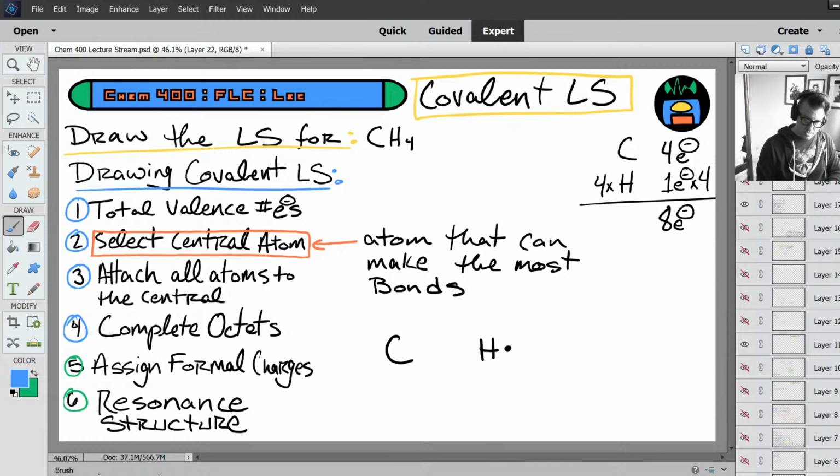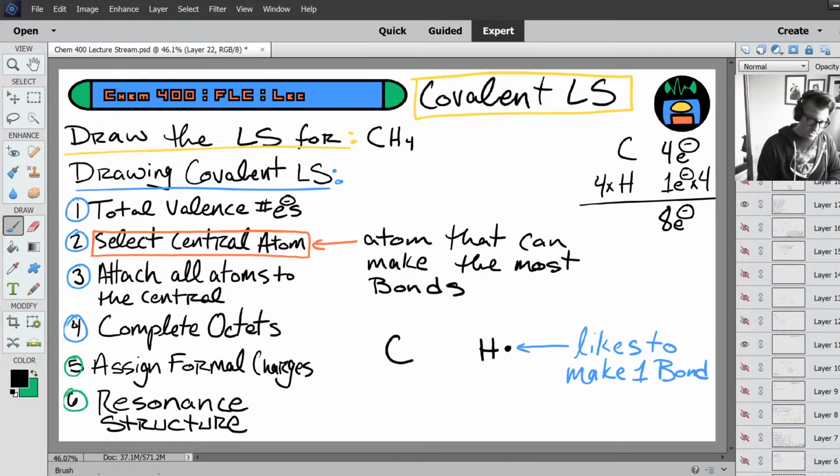Hydrogen has 1 unpaired electron, which tells you something. An atom with 1 unpaired electron usually makes 1 bond.